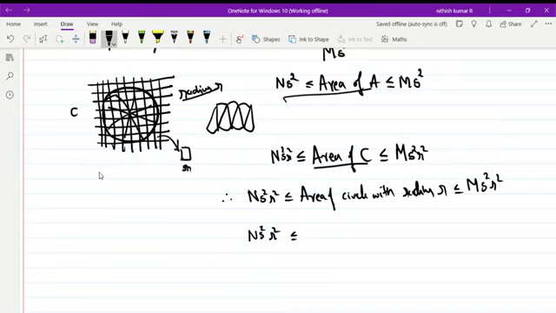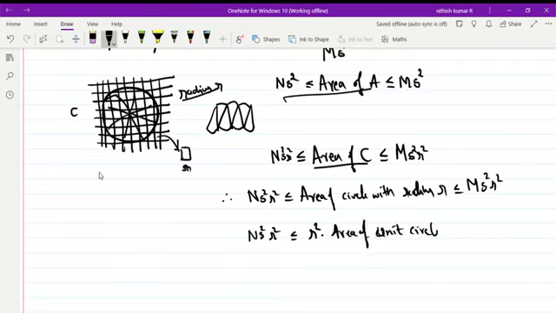If I consider a unit radius, then this will be r squared into the area of the unit circle.